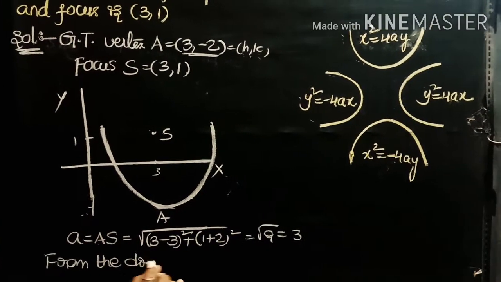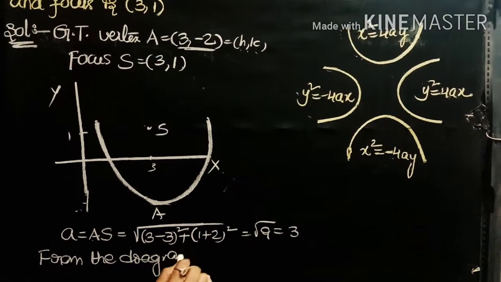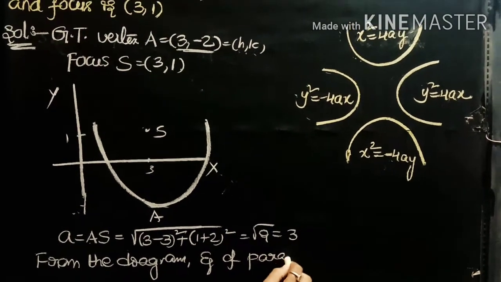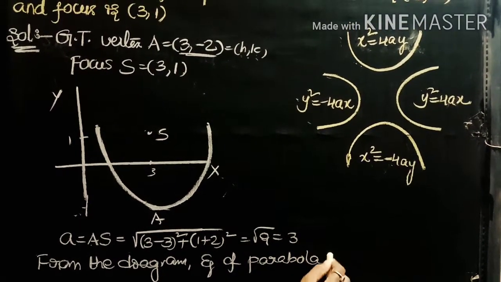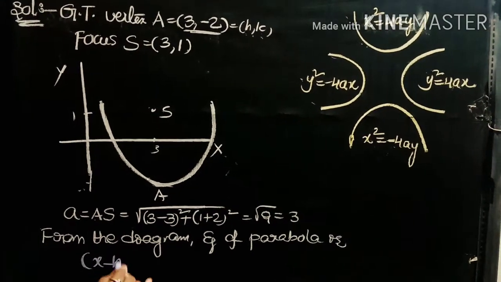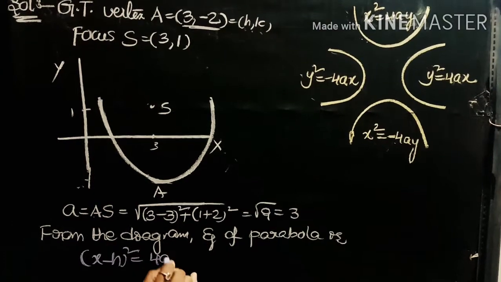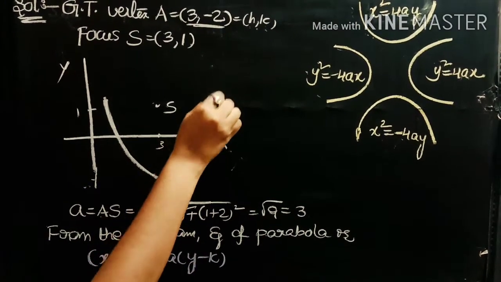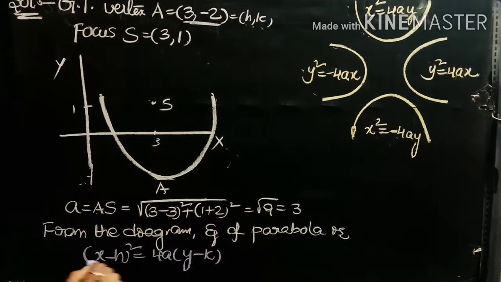Now from the diagram, the equation of the parabola is (x minus h) whole square is equal to 4a into (y minus k), since this is in the form of the U shape. The U shape means we can take the equation of the parabola like that.